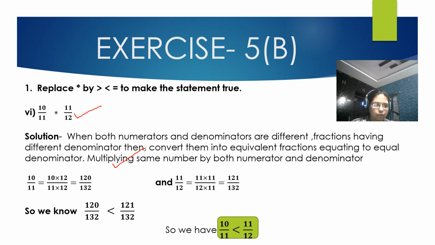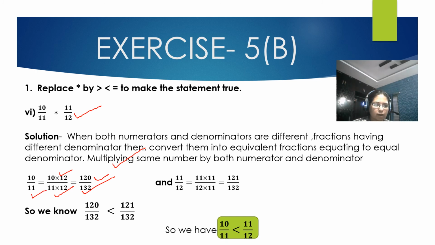We know 11 multiplied by 12 is 132. So we multiply 12 with both numerator and denominator. Numerator 10 multiplied by 12 gives 120, and denominator 11 multiplied by 12 gives 132. So 10 divided by 11 equals 120 divided by 132.